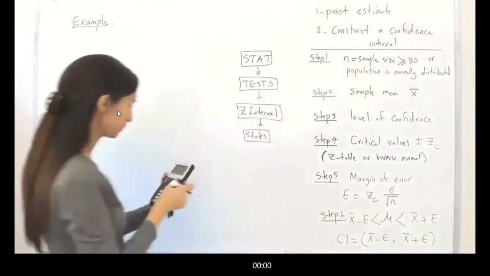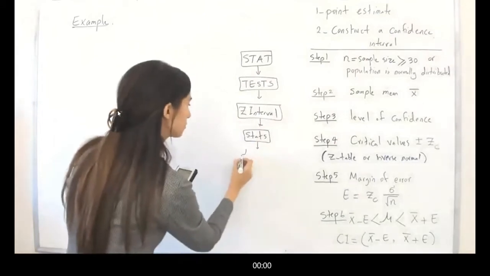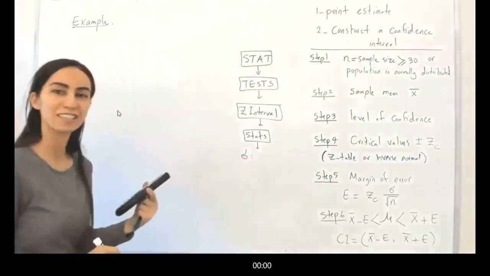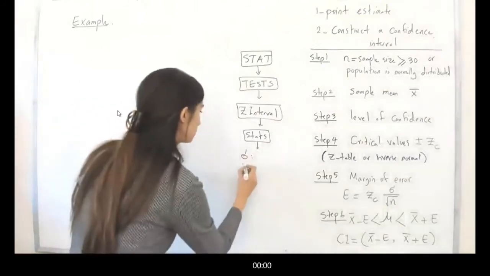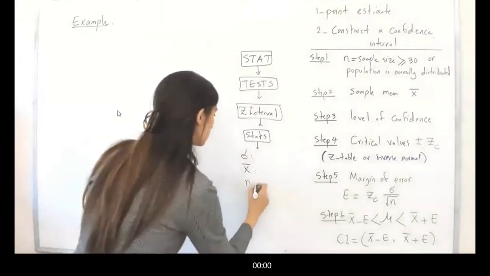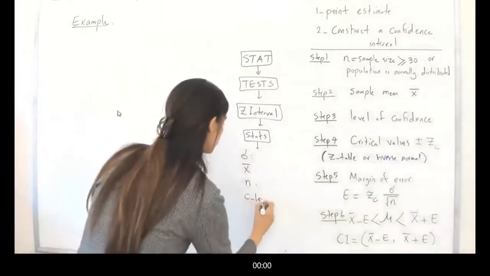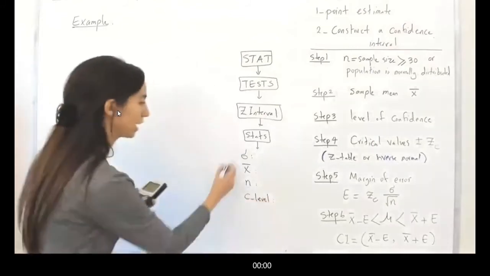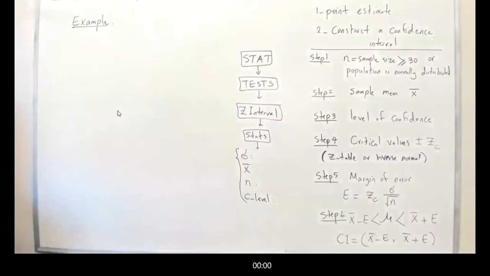In stats, you need to specify the population standard deviation, sigma, and X bar, the mean of the sample, and the sample size, and confidence level. Then calculate. Let us move on to the next example.